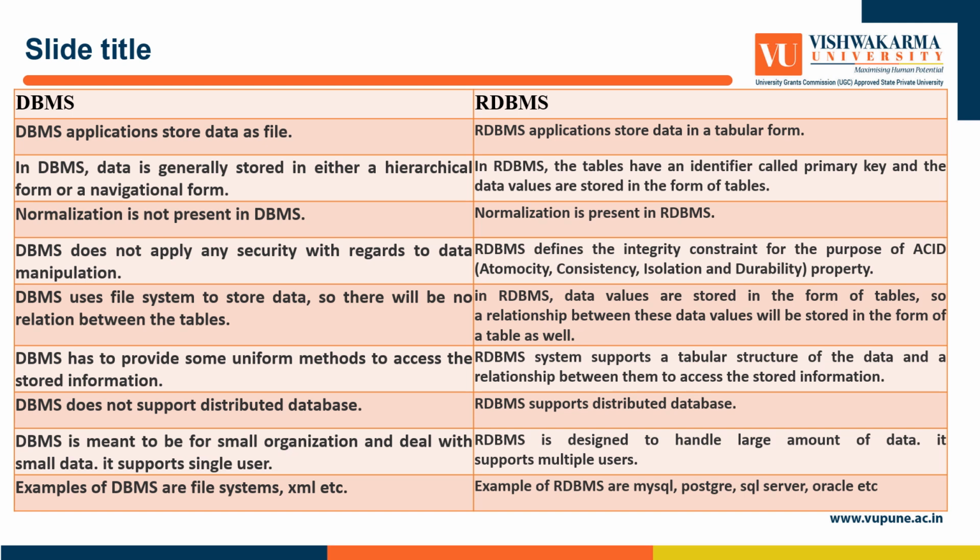DBMS is meant for smaller organizations, deals with smaller data, and supports a single user. Vice versa, RDBMS is designed to handle large amounts of data and support multiple users at a time. Examples of DBMS are file systems and XML, etc., and examples of RDBMS are MySQL, SQL Server, Oracle, etc.